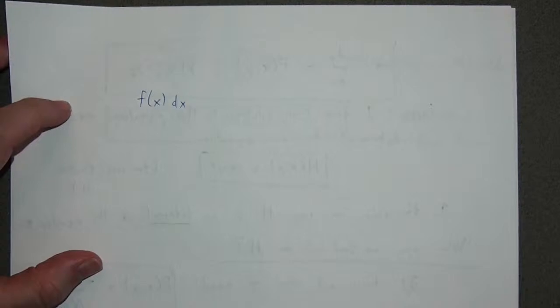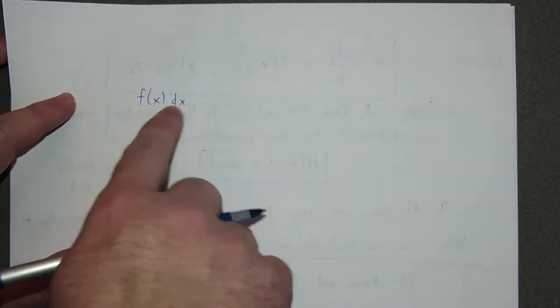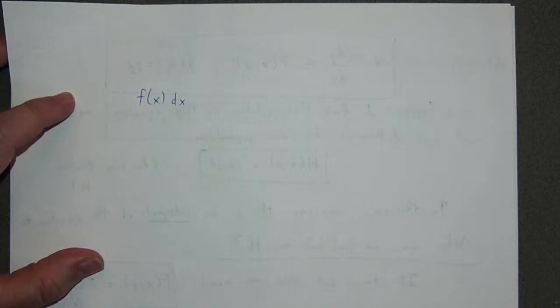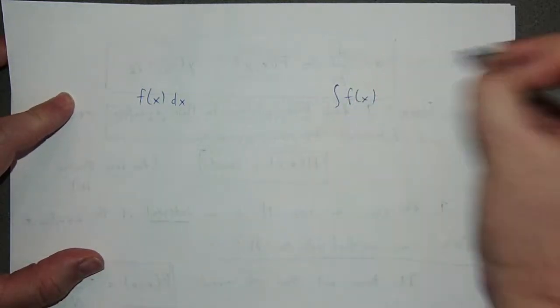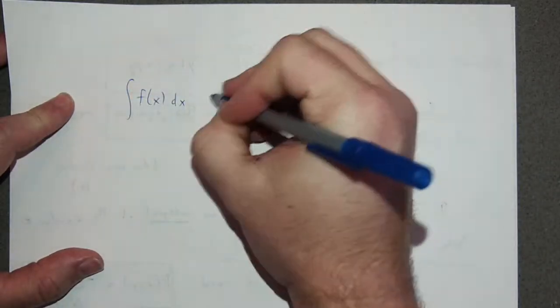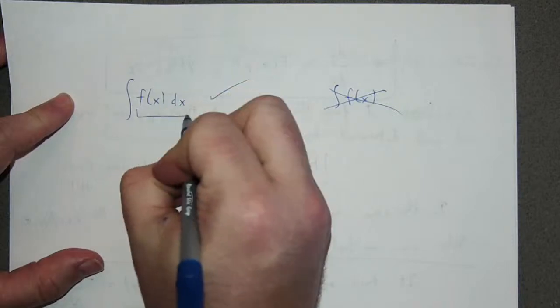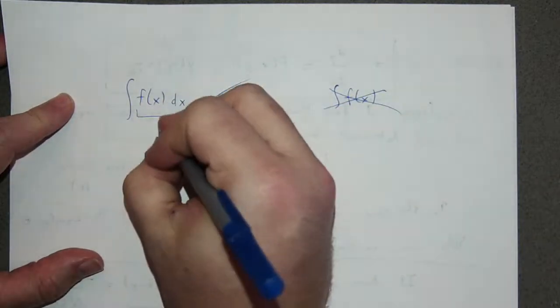And it behaves differently from a function. It is f of x times this dx, and this thing transforms like a derivative. So this doesn't make any sense. Integrating a function makes no sense. This makes perfect sense. But this thing that you're integrating is not a function, it's a differential form.